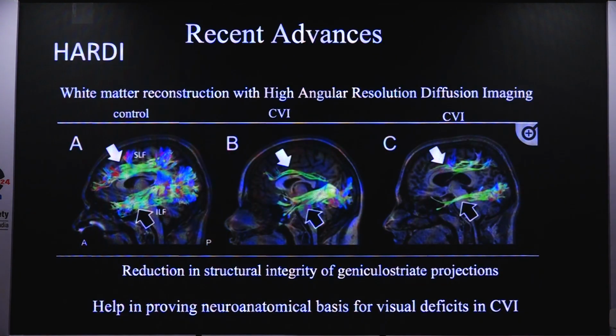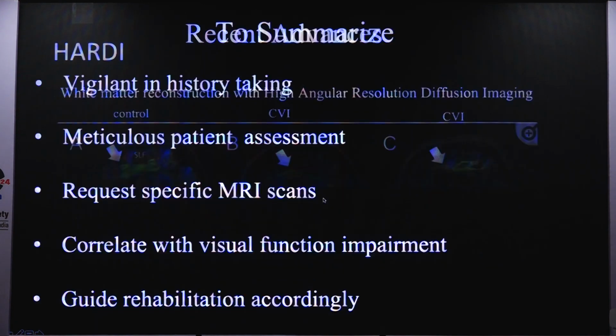Some of the newer advances include high angular resolution diffusion imaging, the HARDI, which can image the functionality of the brain. And here you can see a distinct reduction in the structure in the geniculostriate projections, and it helps provide a neuroanatomical basis for vision deficits in CVI.